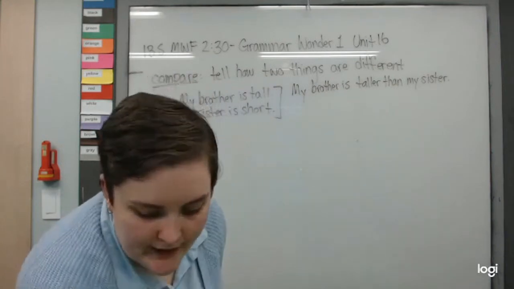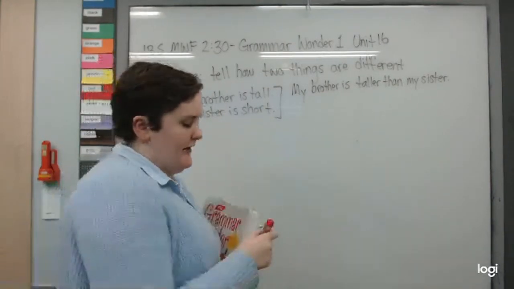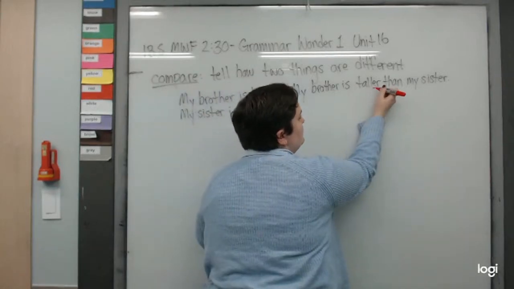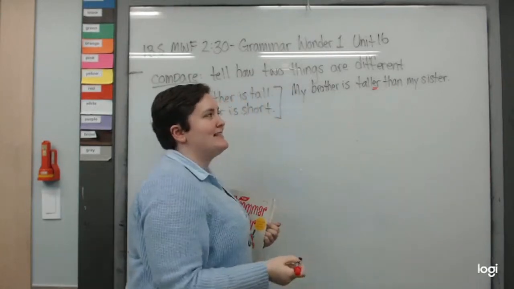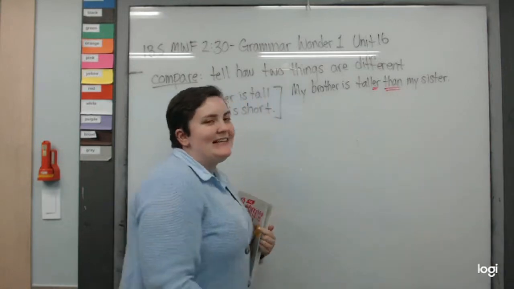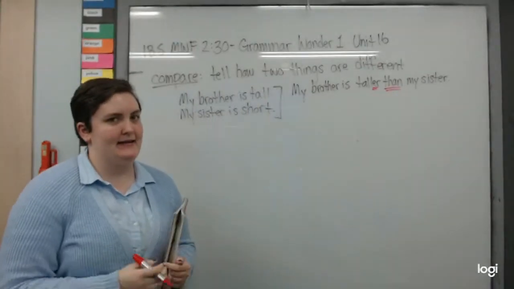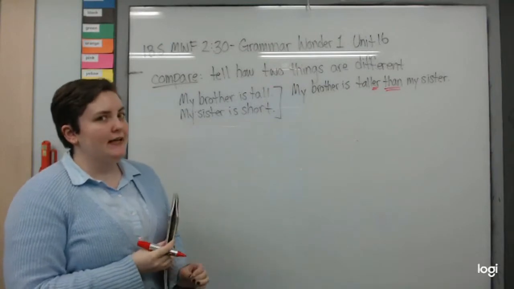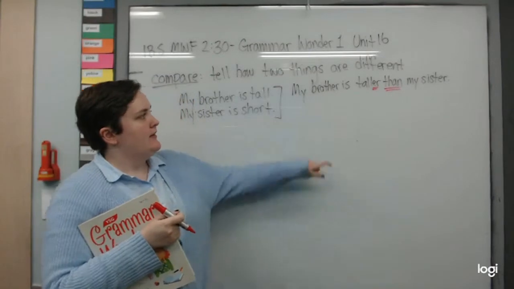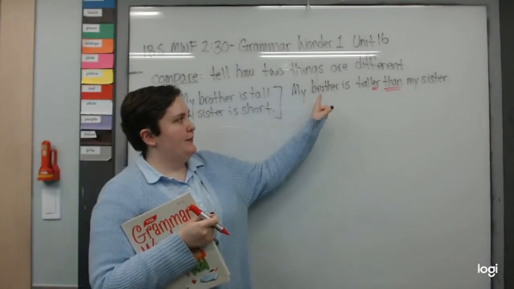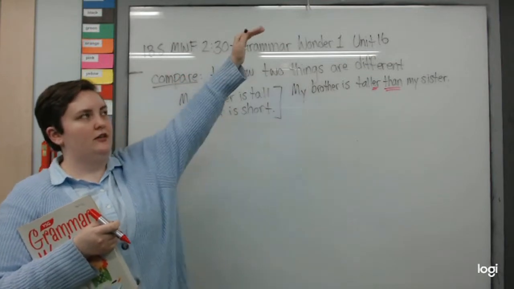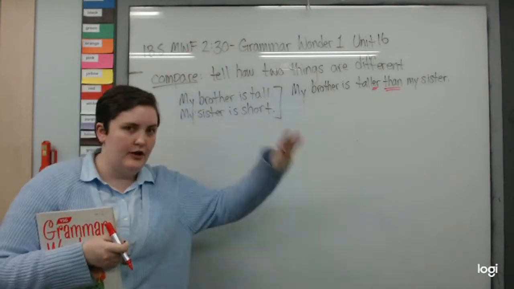So, what I did was I add ER to tall and then THAN, not EN, this is AN, okay? This means my brother is more tall. My brother is taller and my sister is not.